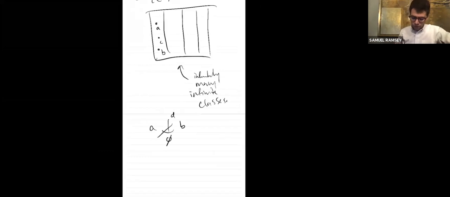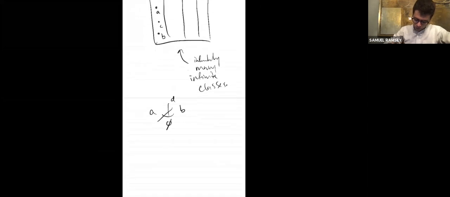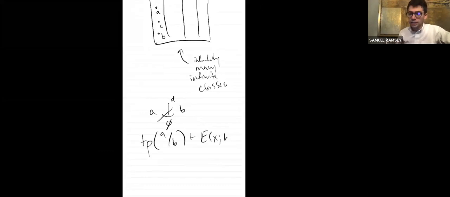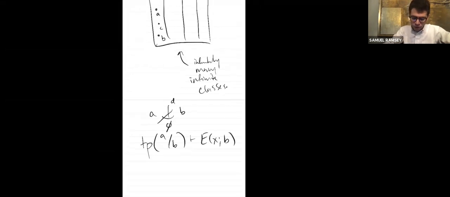Why? Well, the type of A over B implies that A is equivalent to B. It implies the formula E(x, B). Now, inside this picture, I can take an indiscernible sequence like this, where I take one element from each class.